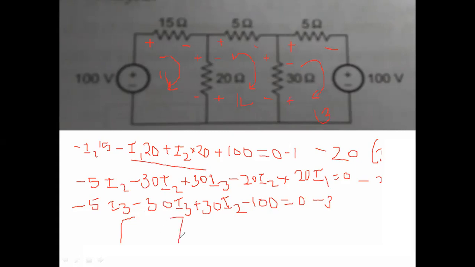These are the coefficients, these are the variables I1, I2, and I3, and this is the constant matrix: 100, 0, 100.